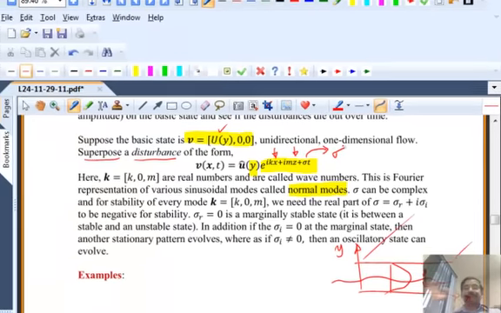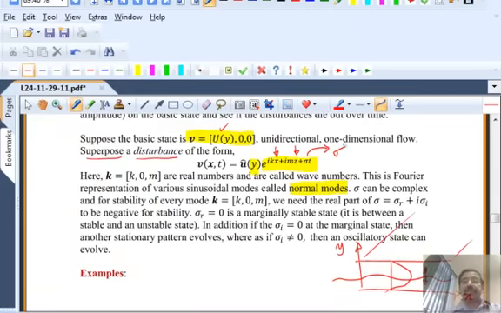Now k and m are called wave numbers. These are just integer numbers. And you will have then basically sine kx or sine my, etc. Okay? And we need the real part of sigma, which is sigma r, to be negative for stability. And sigma r equal to 0 represents neutral stability.